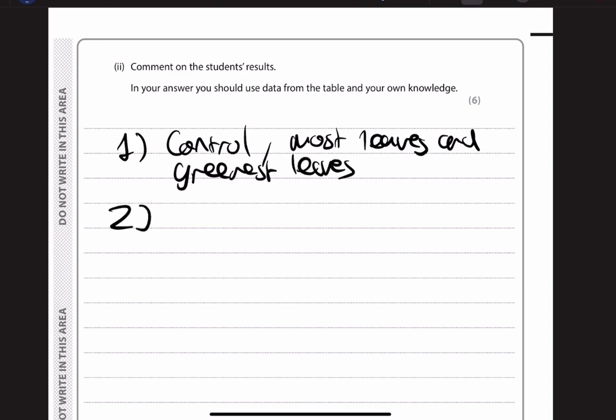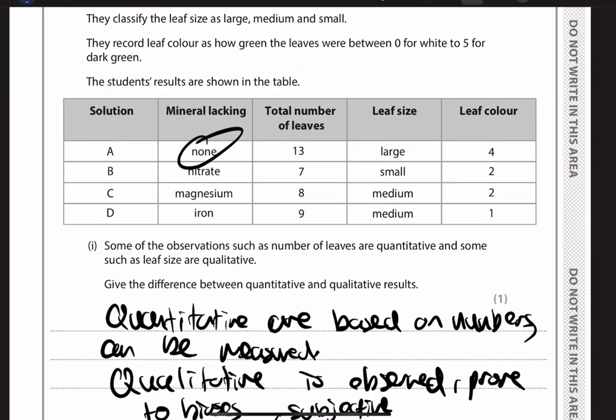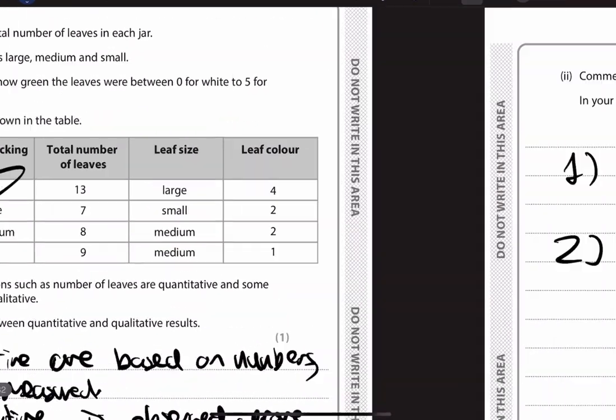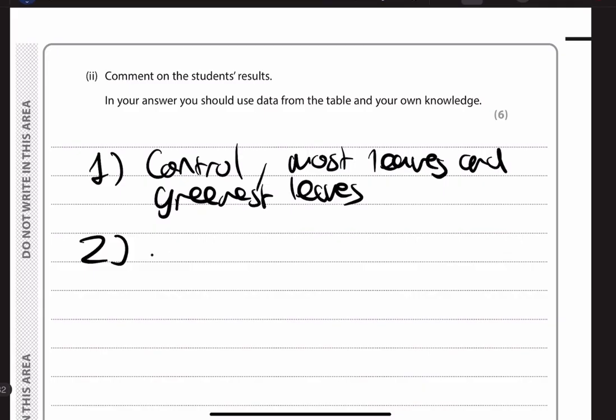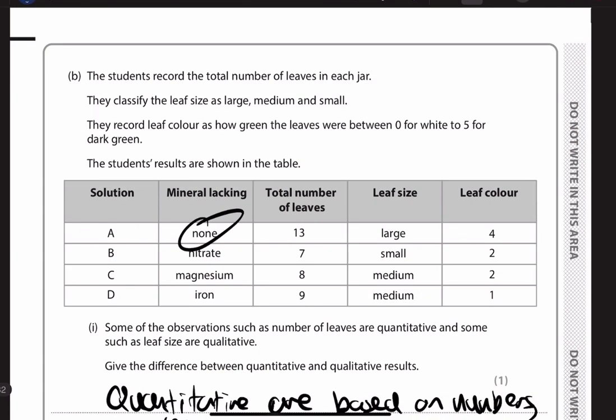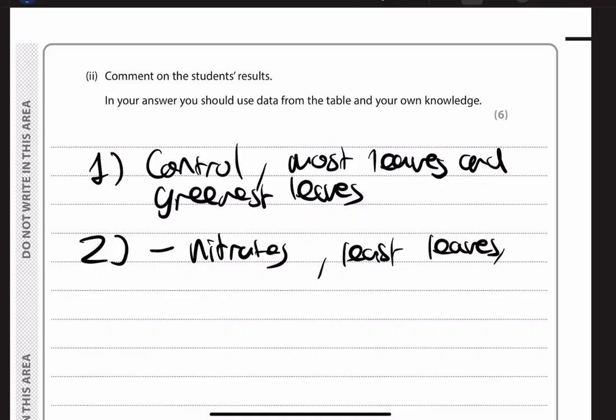Okay. Now, if we take out nitrates, it has least leaves, minus nitrates, least leaves, and quite pale leaves. Okay.